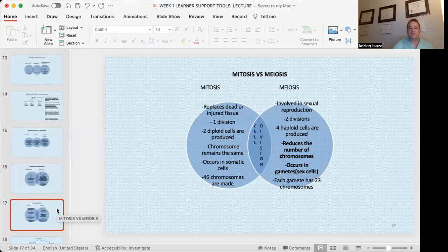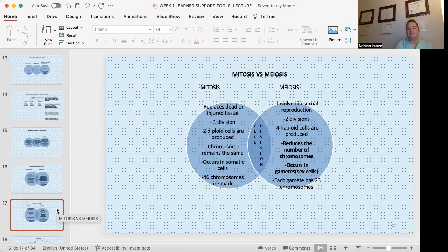Here's mitosis compared to meiosis. So, what is mitosis? You cut your hair and it grows back. Why? Mitosis, cell division. You have a skin cut, then it grows again. What is that? Mitosis. You cut your nails and they grow again. What is that? Mitosis, right? Our skin is shedding off all the time. What is that?